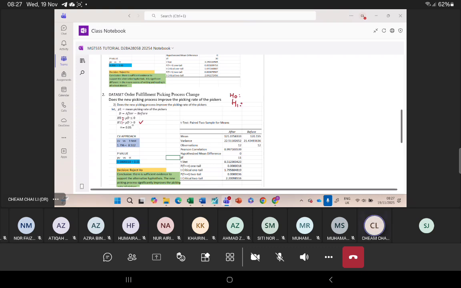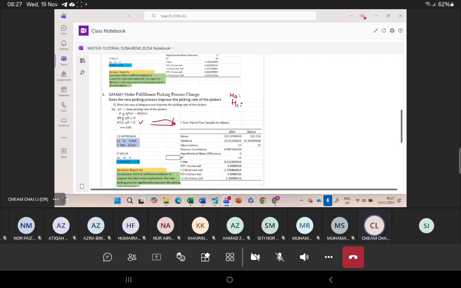So this line is correct. And if you draw the distribution, you will have one tail to the right. That's why this t-statistic is positive.